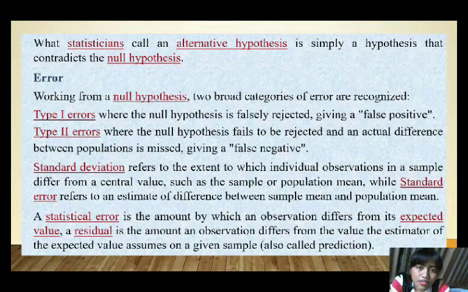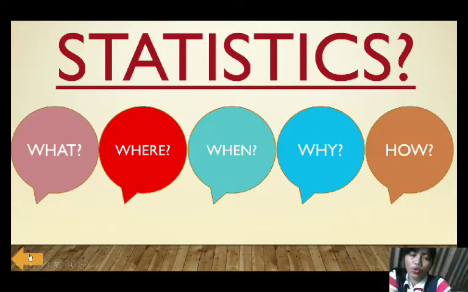Standard deviation refers to the extent to which individual observations in a sample differ from a central value such as the sample or population mean, while standard error refers to an estimate of difference between sample means and population mean. A statistical error is the amount by which an observation differs from its expected value. A residual is the amount an observation differs from the value the estimator of the expected value assumes on a given sample, also called prediction.